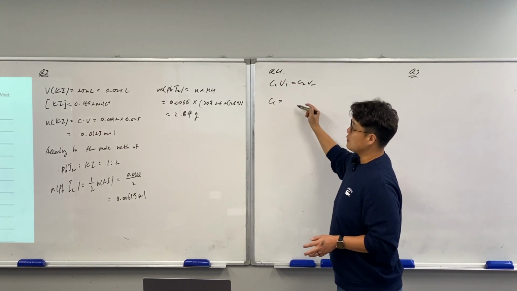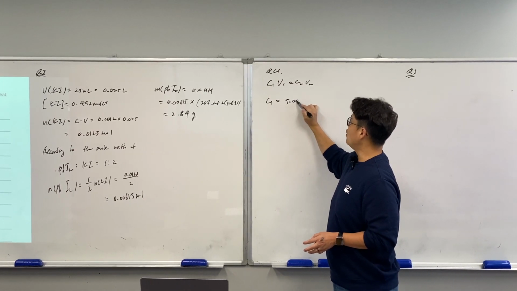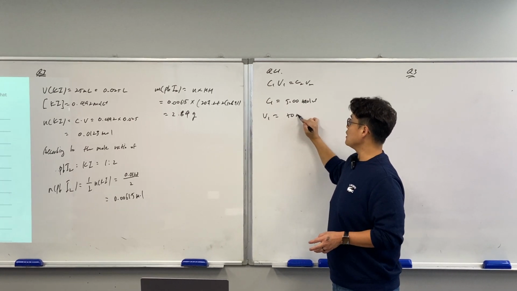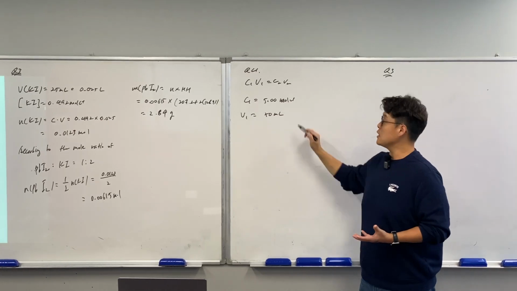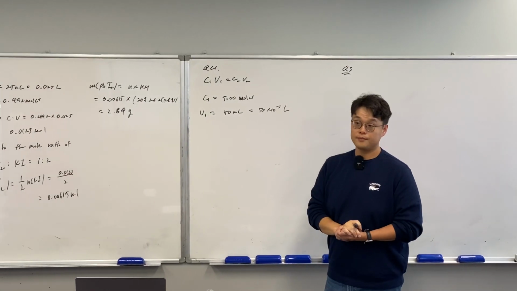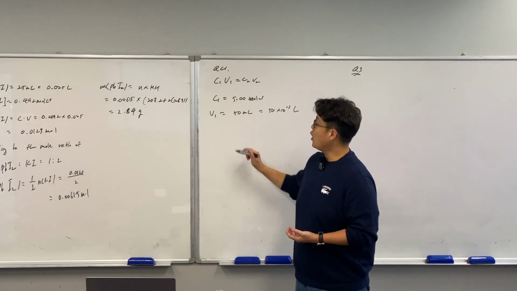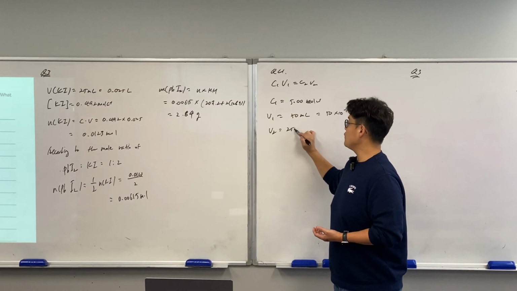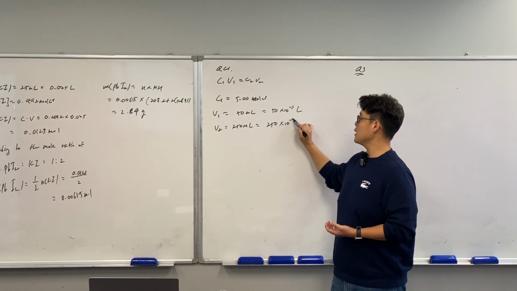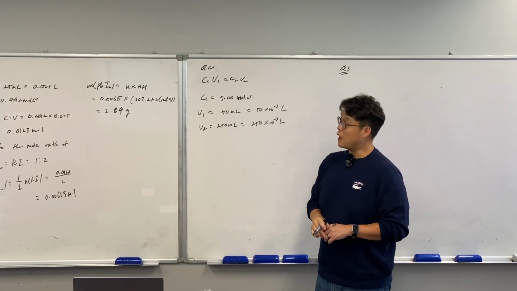Concentration 1 is given as 5.00 mole per liter. V1 is given as 50 milliliters. If you want to change that to liters, it would be 50 times 10 to the power minus 3 liters. V2 is given as 250 milliliters, the same as 250 times 10 to the power minus 3 liters. You're asked to find C2.